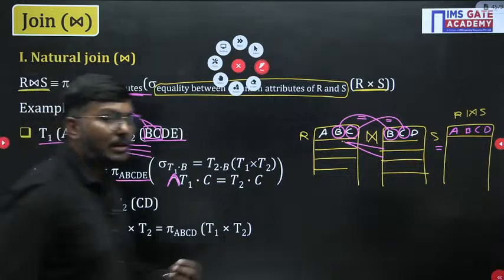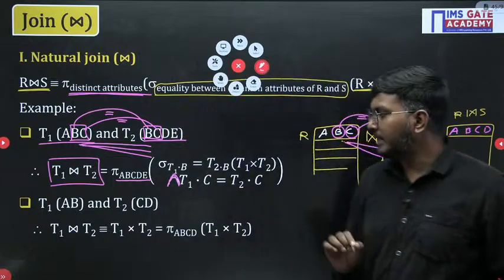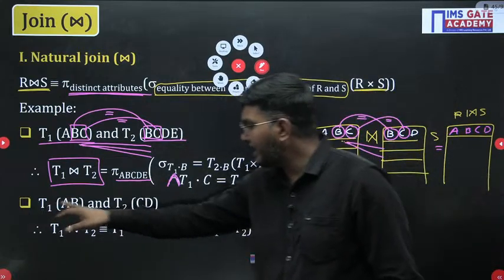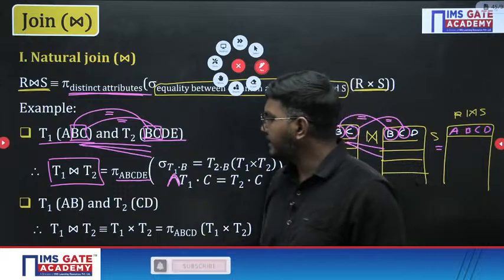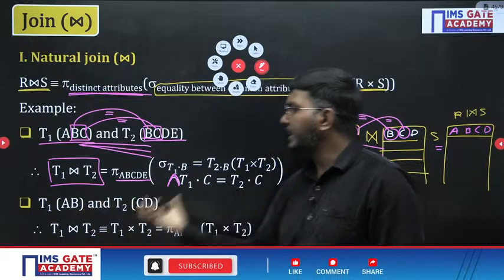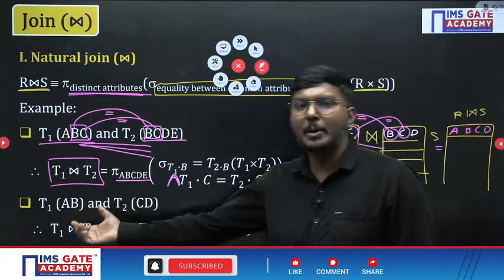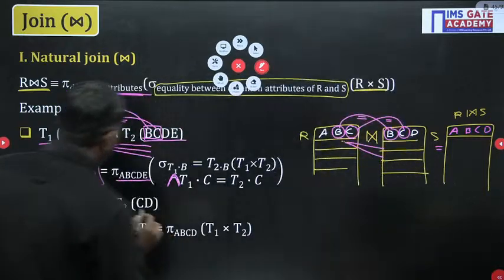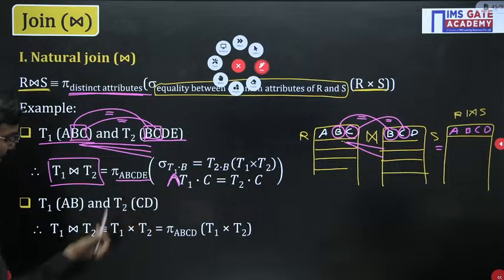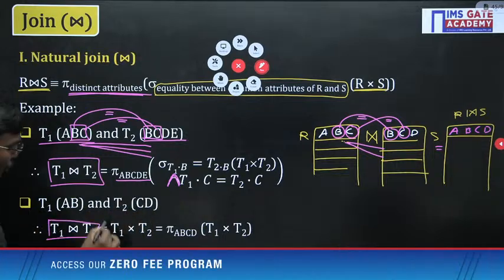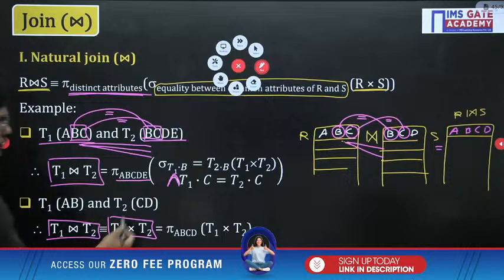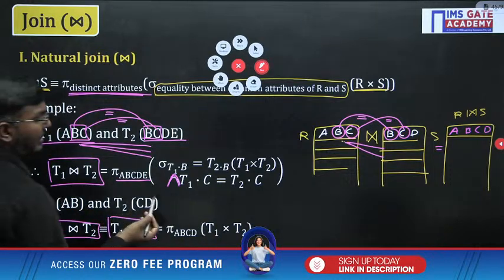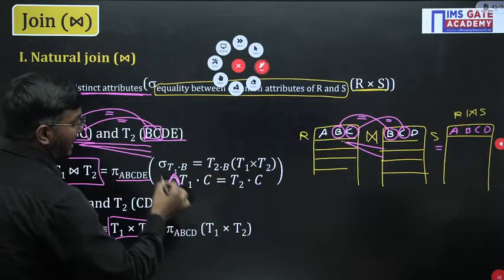Then one more important point. Sometimes whenever we are given two relations, we don't have any common attributes. In that case, whenever you don't have any common attribute, the natural join is equivalent to the cross product. Why? If you don't have any common attribute, then internally the condition becomes empty.